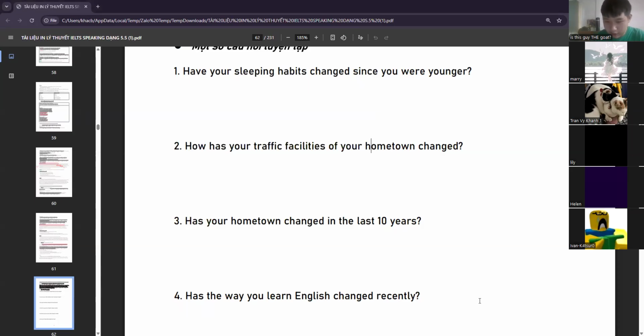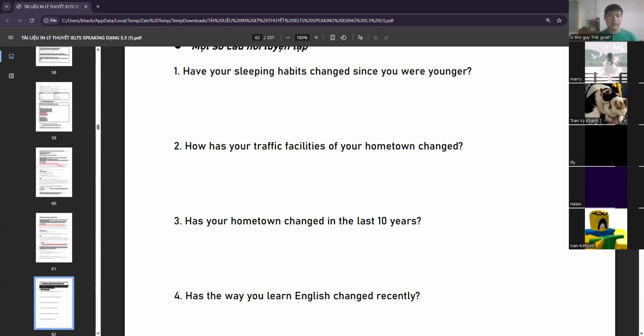Has the way you learn English changed recently? This is going to be my answer. No, actually, I haven't experienced any differences with the way I learn English. I'm already really proficient at English, I would say. Also, as I'm going to higher level English, the way that I learn usually stays the same.